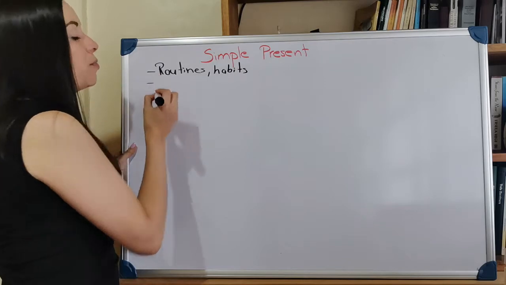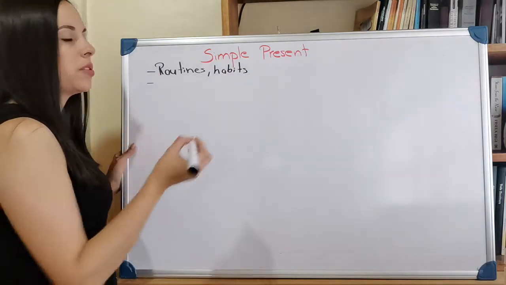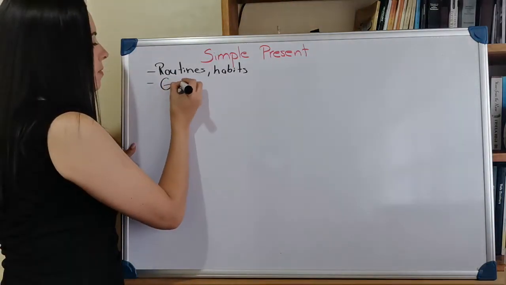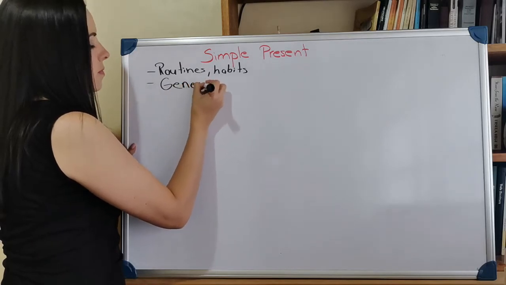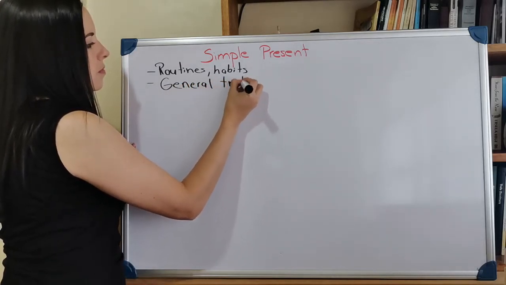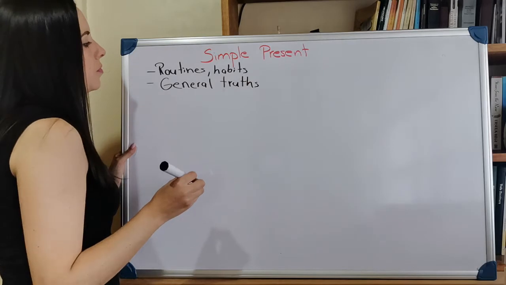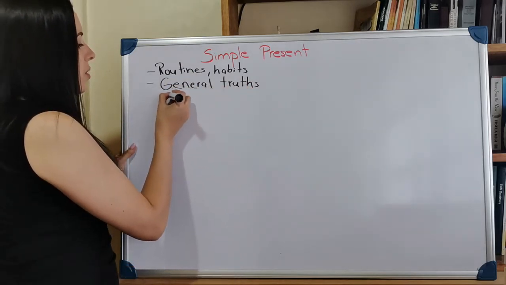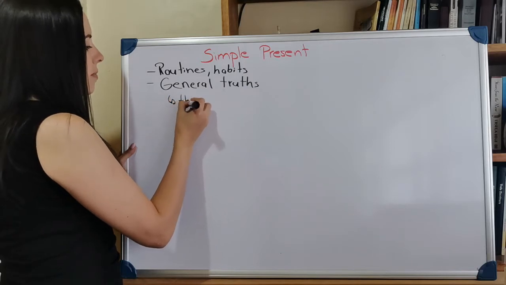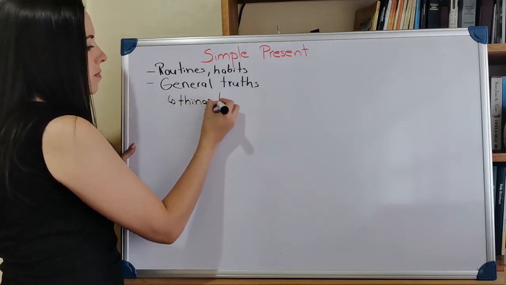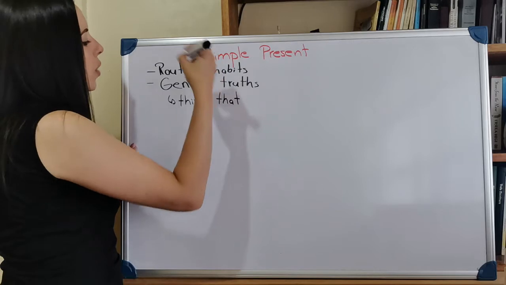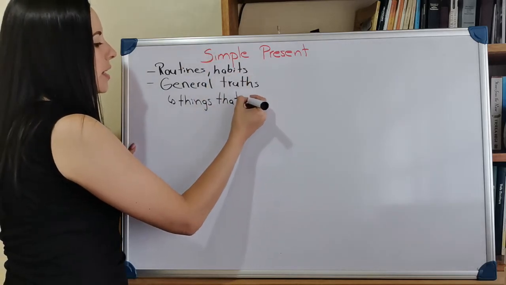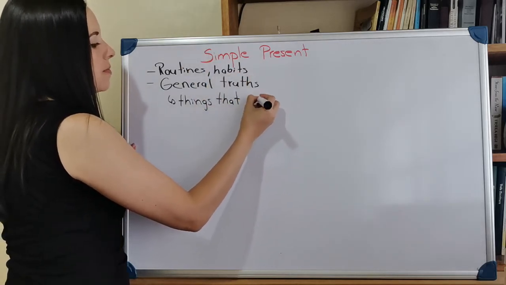We also use simple present tense to talk about general truth. And well, this is part of that general truth or things, actions, situations, events that never change.